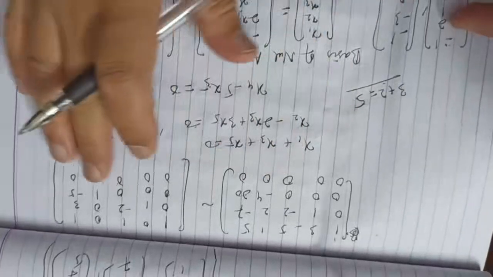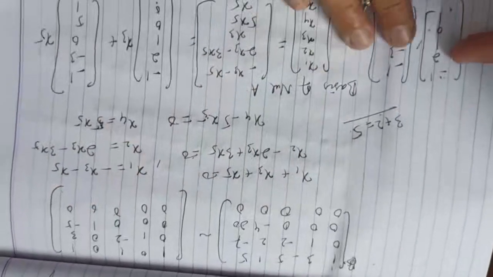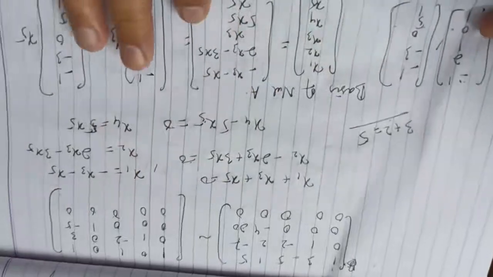So we reduced into reduced echelon form and wrote those equations in a form like that, from where we can actually find the basis vectors for the null space of A.